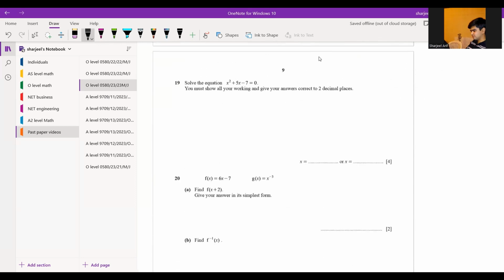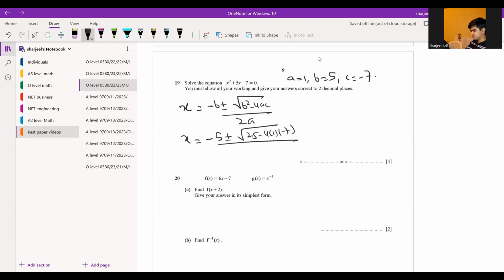For question 19, we have to solve this. So we will use the quadratic formula for it. We have a equal to 1, b is 5 and c is minus 7. We will use the formula x equals minus b plus or minus the square root of b squared minus 4ac, over 2a. So x will be equal to minus 5 plus or minus the square root of 25 minus 4 into 1 into minus 7, divided by 2 into 1. So x will be equal to minus 5 plus or minus root 53 over 2.